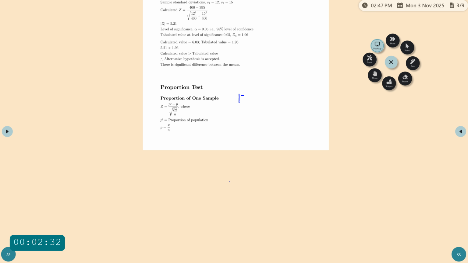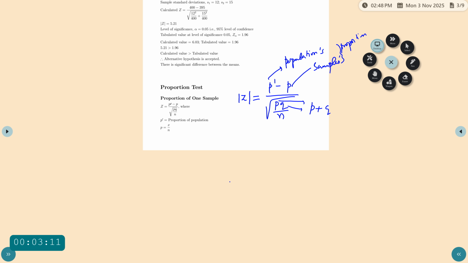So here the test statistic for proportion test is simply P dash minus P divided by square root of PQ by N. Or you can have it P minus P dash, whatever it is. Here P dash is the population's proportion, and P is the sample's proportion. We know Q is 1 minus P because P plus Q is always equal to 1.